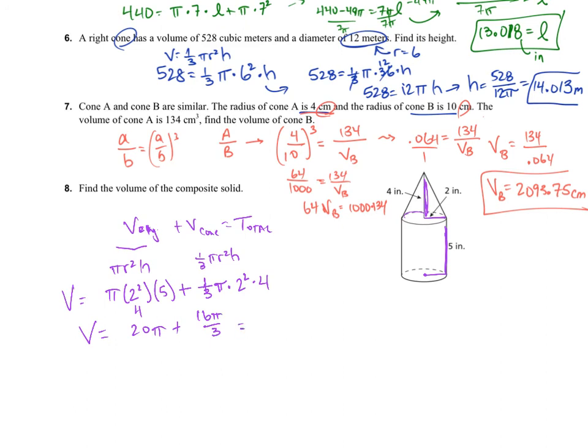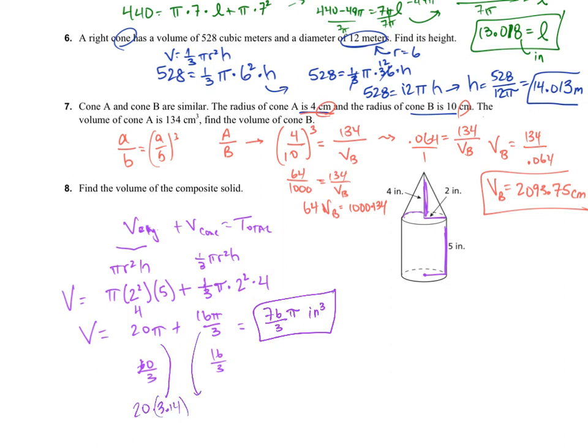And if you wanted to keep it in pi form, that's great. Find a common denominator, which would be 3, so 16, and this would be 60. So you would end up with 76 over 3, so 76 pi over 3 cubic inches. If that bothers you, change this to a decimal. 20 times 3.14.